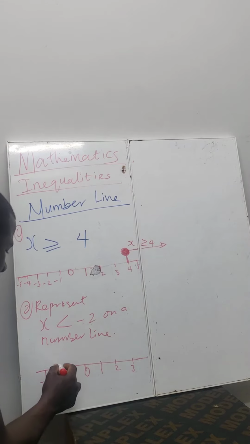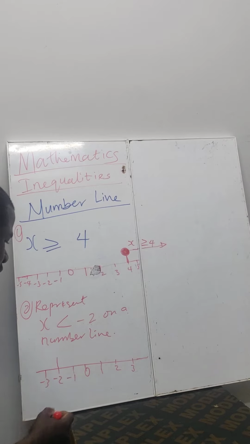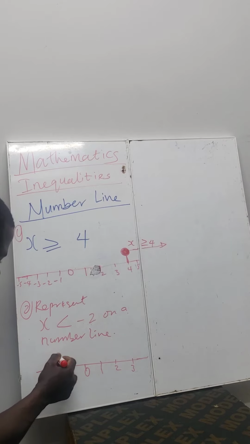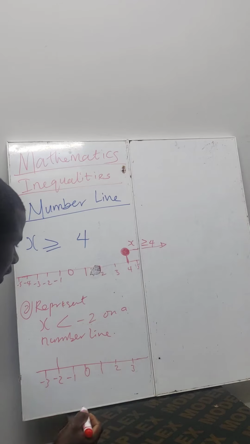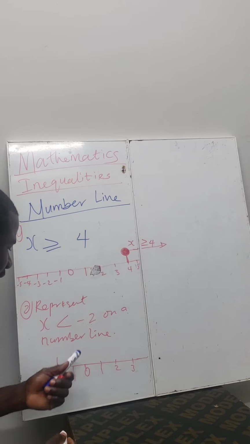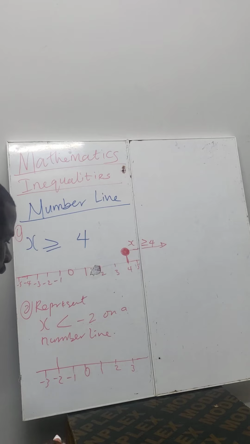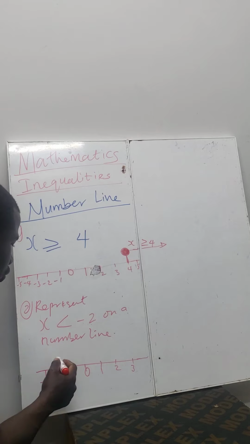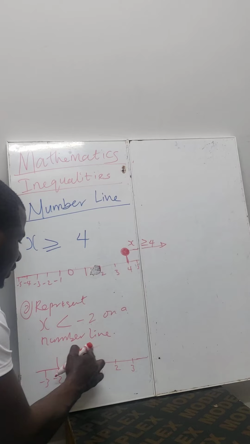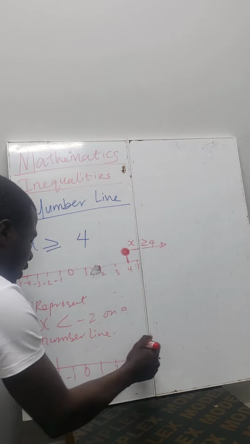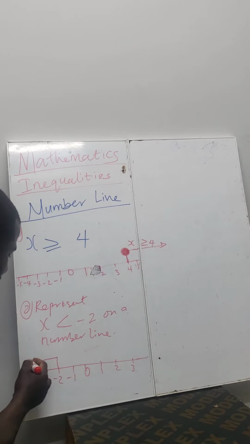Where is our minus 2? Our minus 2 is here. The question is, are we positioning our arrow this way or this way? X less than minus 2. This is the greater than arrow, and this is the less than arrow.